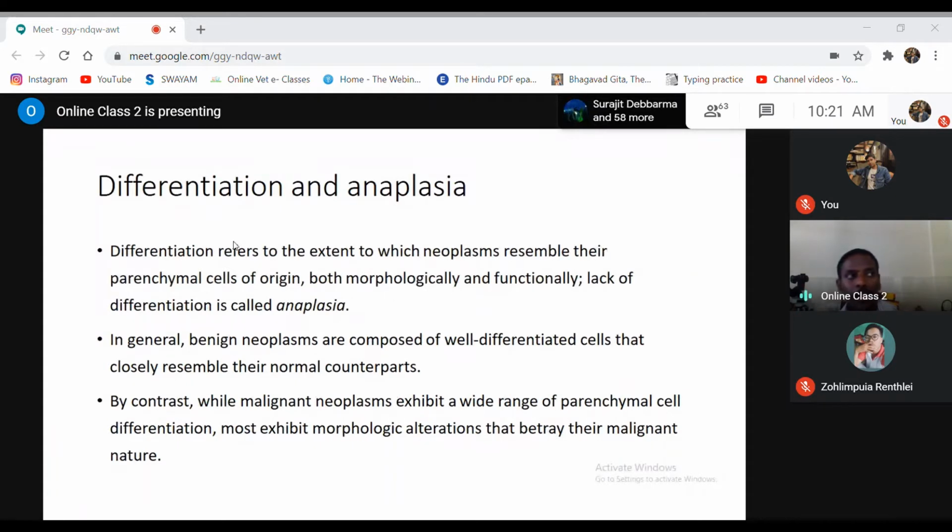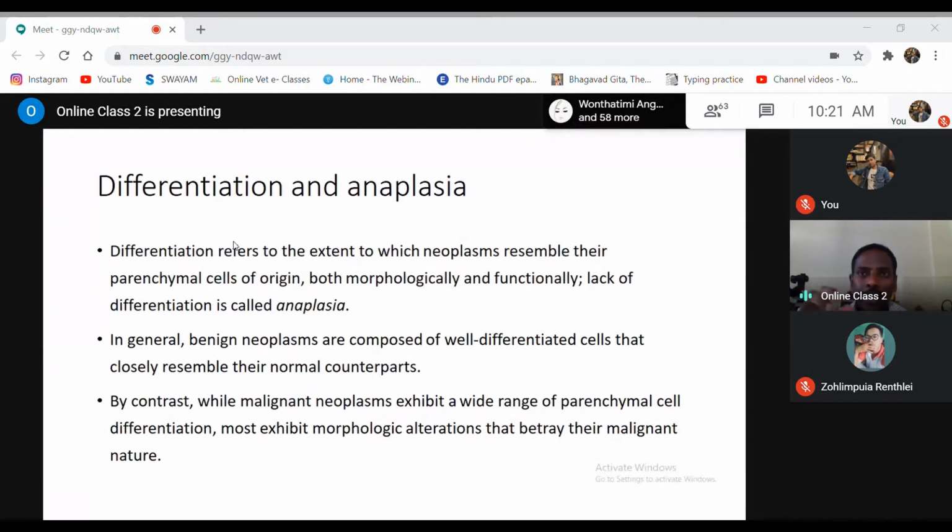Then what do you mean by functionally? Say it is a tumor arising from the pituitary gland epithelium. Any glandular epithelium secretes certain types of secretions. Say salivary gland epithelium.